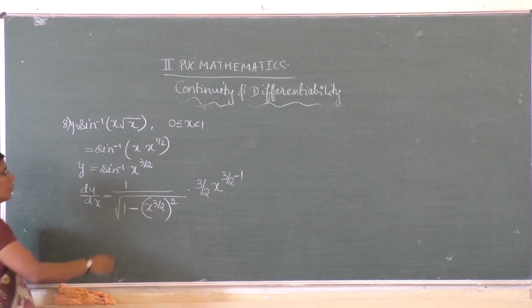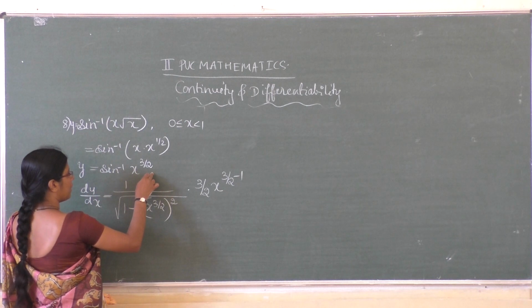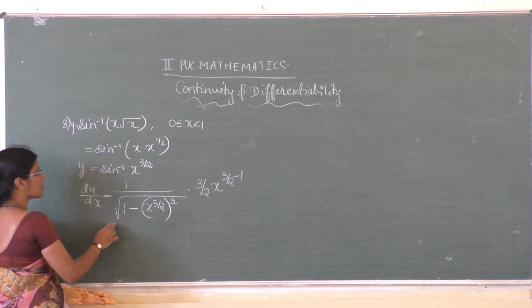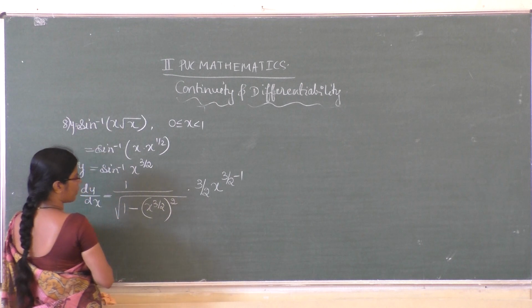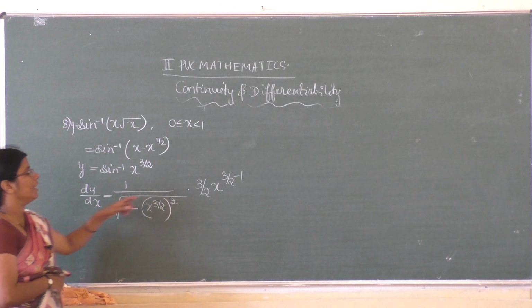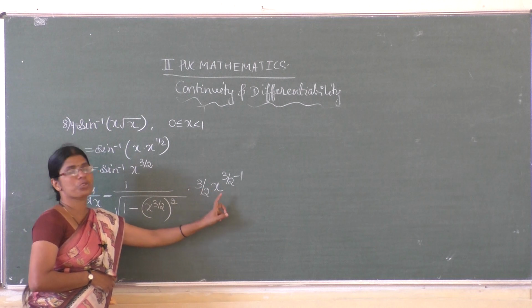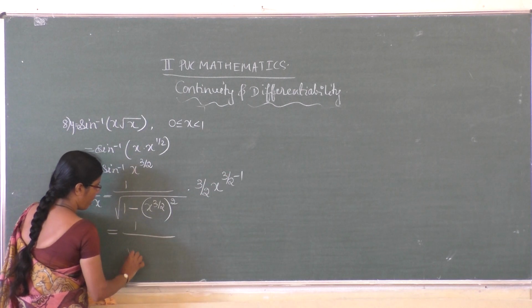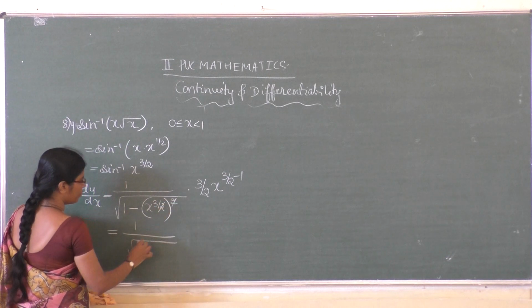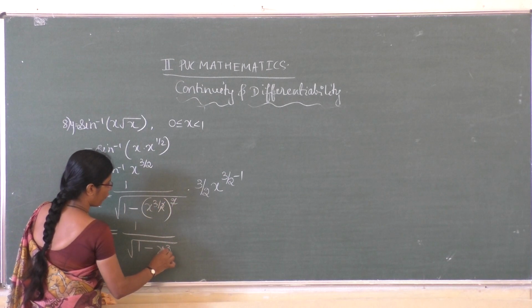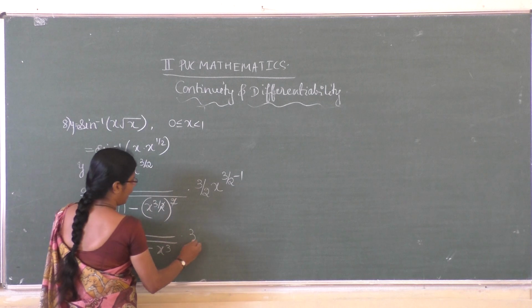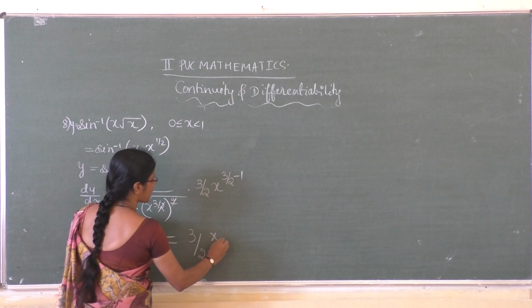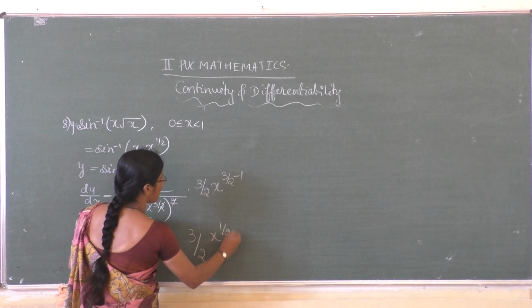Chain rule here. Here 2 and 2 cancel, so it is 1 by square root of 1 minus x cube, into 3 by 2 x to the power 3 by 2 minus 1.